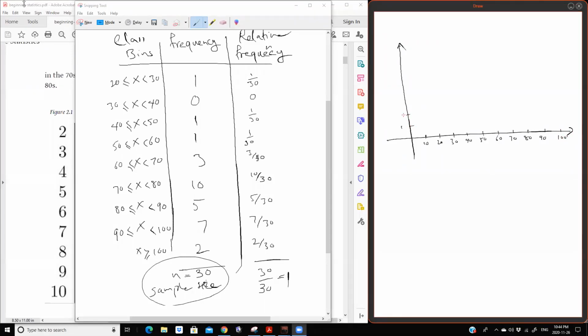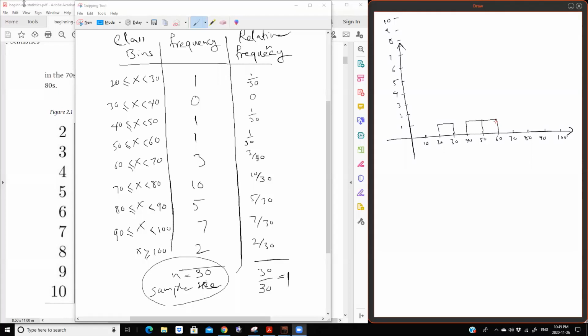And here is 1, 2, 3, 4, 5, 6, 7, 8, 9, and 10. So the bar between 20 and 30 is just 1 unit high. Between 30 and 40, there is nobody, so there is no bar. Between 40 and 50, again, just 1 unit high. Between 50 and 60, 1.